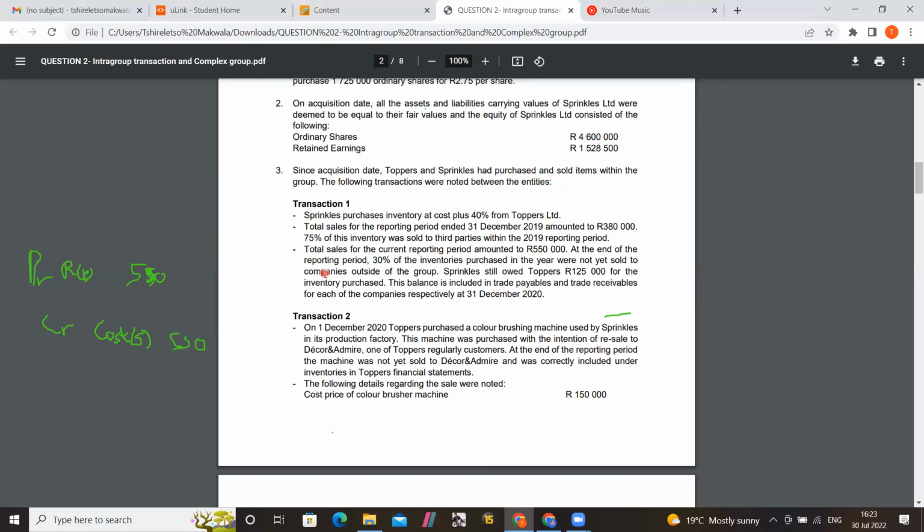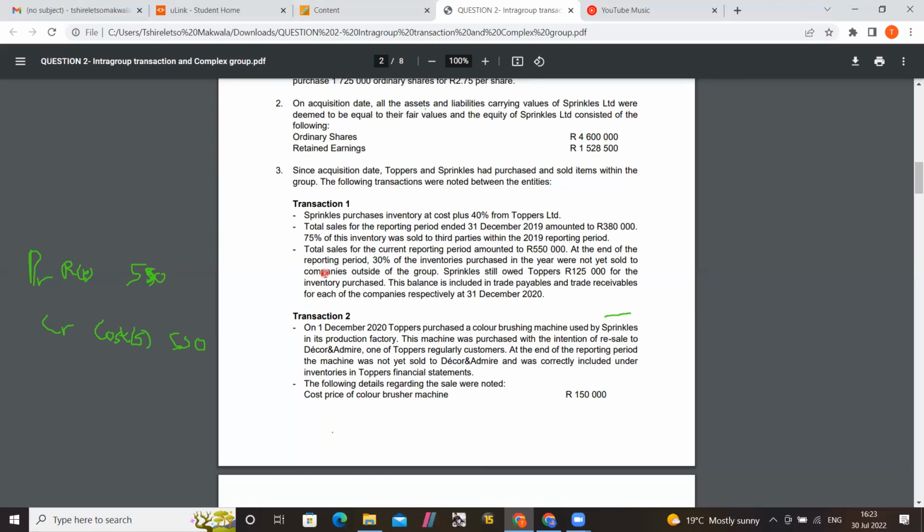you don't eliminate the unrealized profit here. You recognize the realized profit, because this profit was realized this year. So that's how you do it.